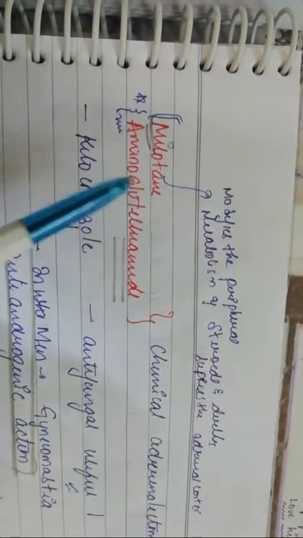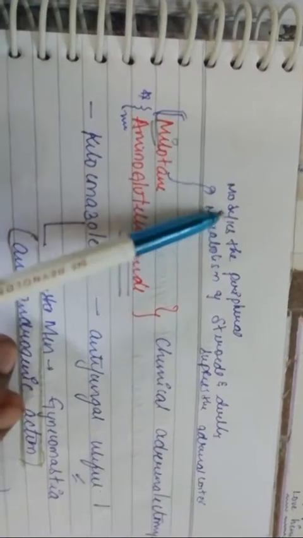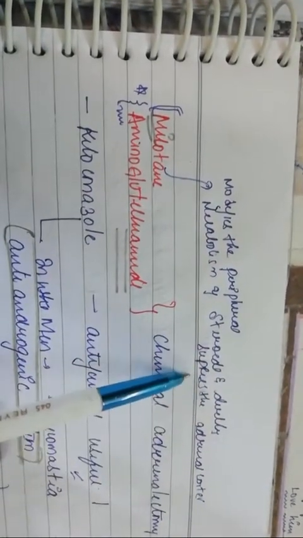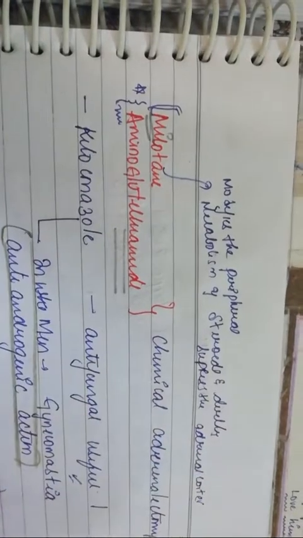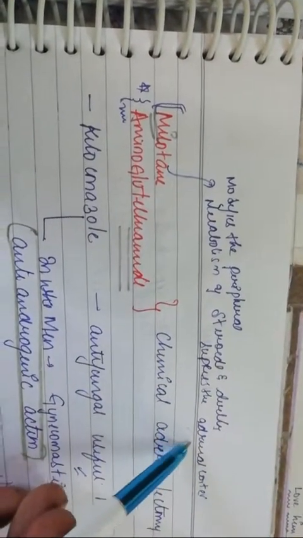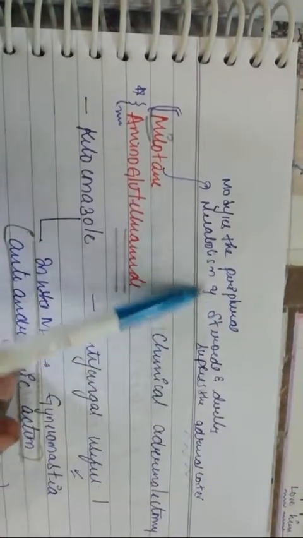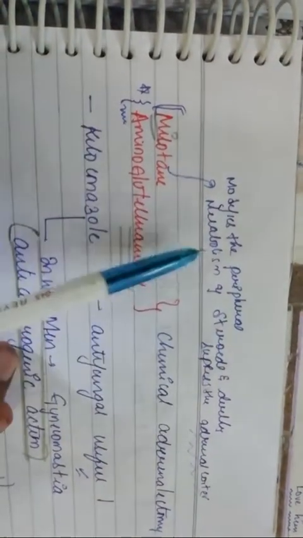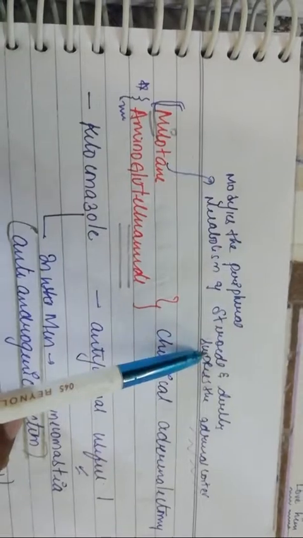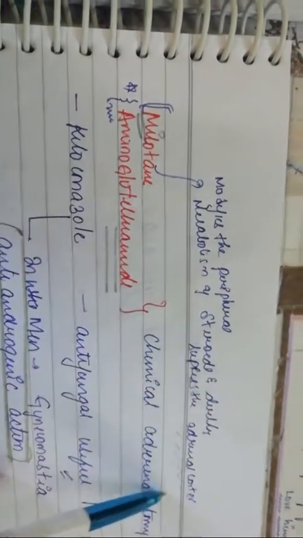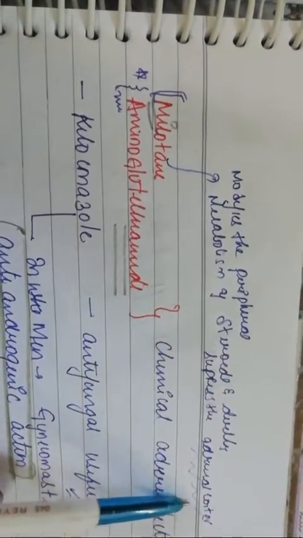If you see the example of metyrapone, the mechanism of action is that it modifies the peripheral metabolism of steroids and directly suppresses the adrenal cortex, right?